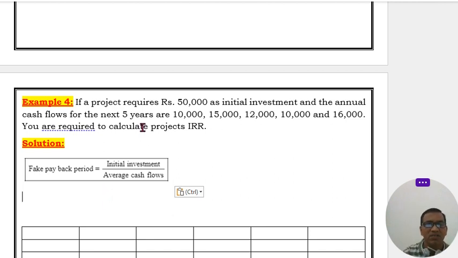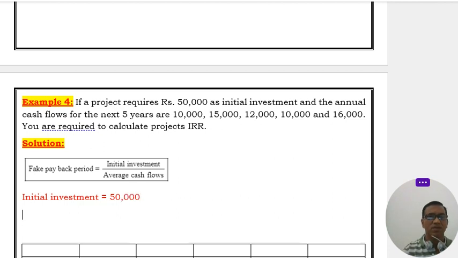What is the initial investment? It is given as 50,000. Then what about average cash flows?